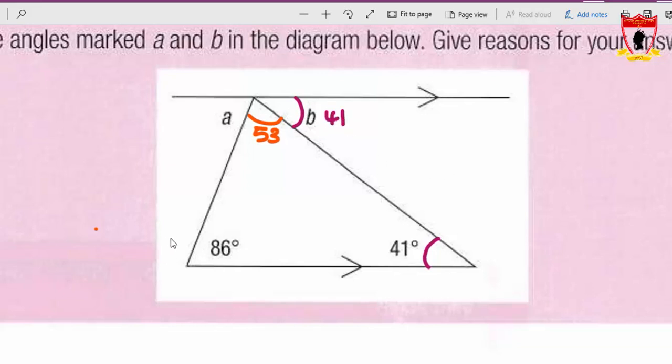Good. This angle here, since this line is parallel to this one, is 86 and it's on the same transversal with the A. So here, this is 86. And 86 plus 53 plus 41 is equal to 180 degrees.